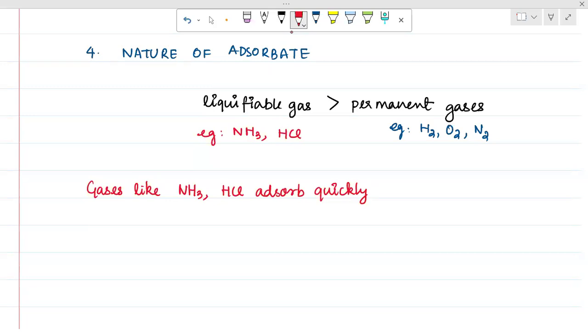So gases like NH3 or HCl adsorb quickly due to hydrogen bonding and other interactions. When you have better interactions, better is the physisorption, and hence liquefiable gases are better in adsorption than permanent gases.